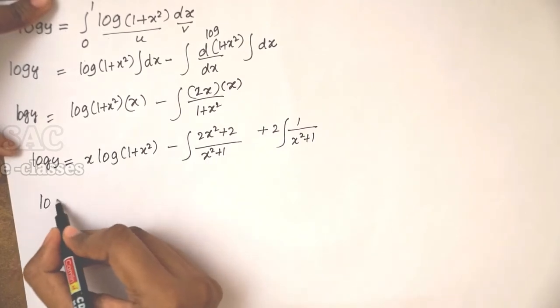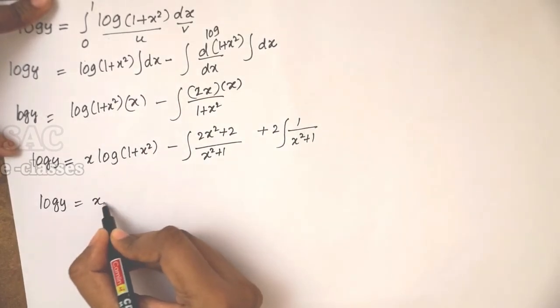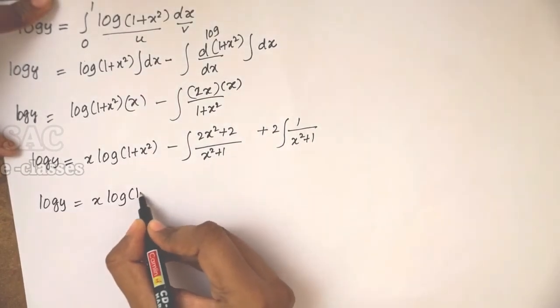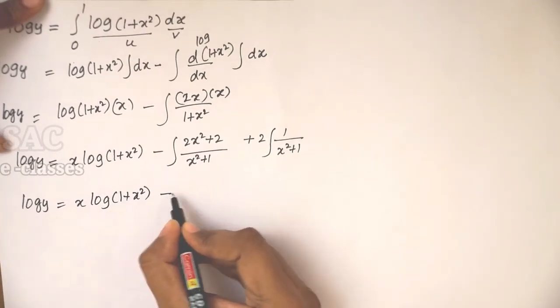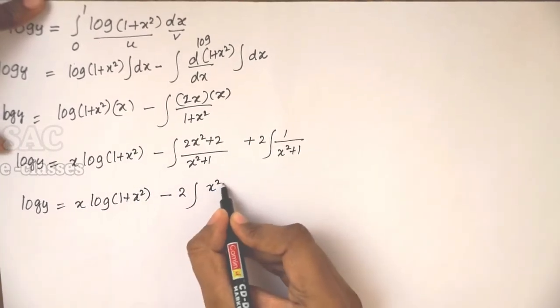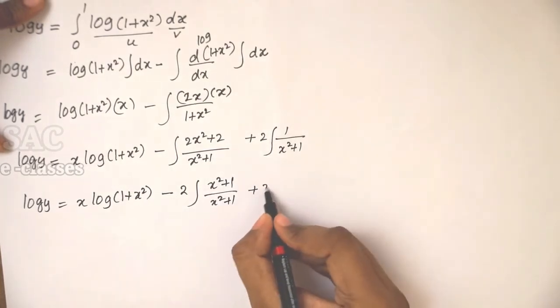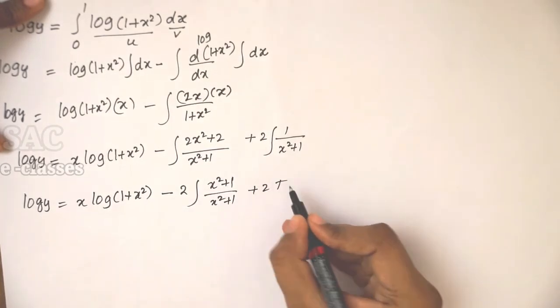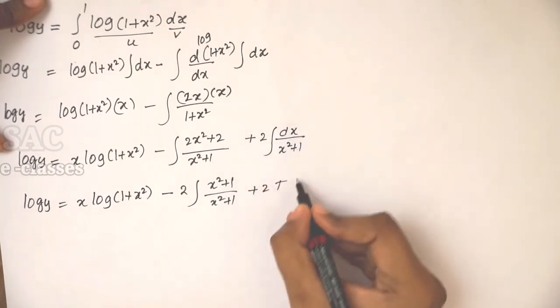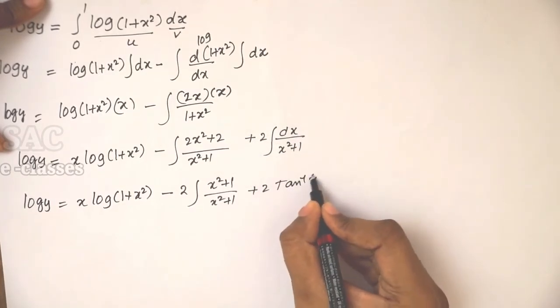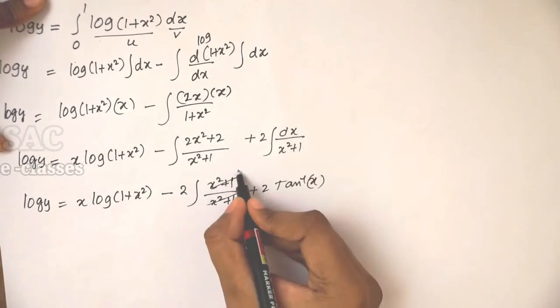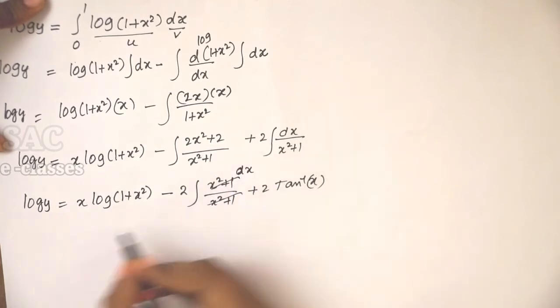Now clearly log y is equal to x into log of 1 plus x square minus 2 into the integral of x square plus 1 by x square plus 1, plus 1 by x square plus 1, which is clearly in the form of tan inverse x. The x square plus 1 cancels and dx is left over.